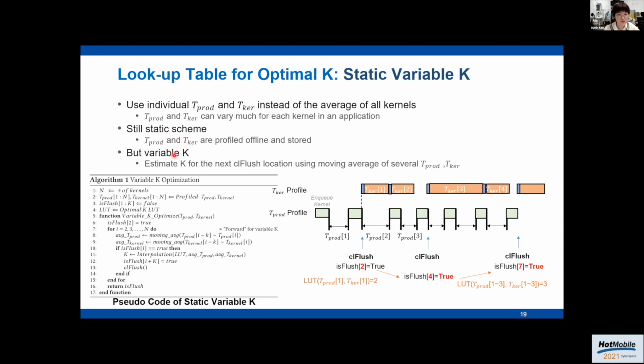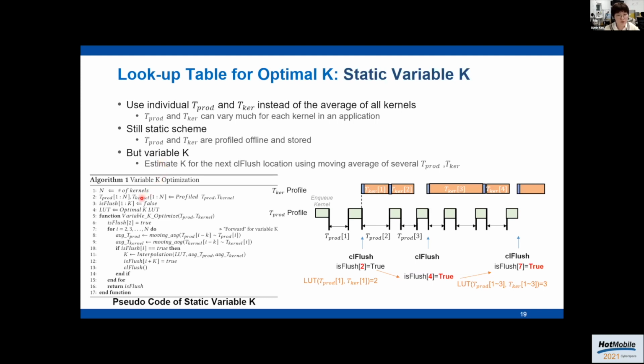It is still a static approach in that default and decal are profiled offline, and the location to call shell flush is determined in advance. But value k is not constant and can be variable.